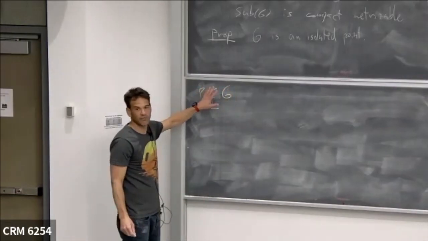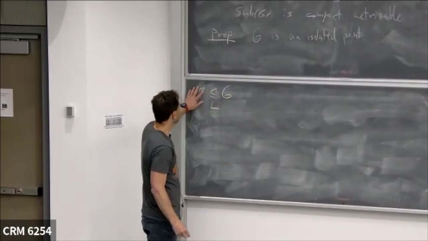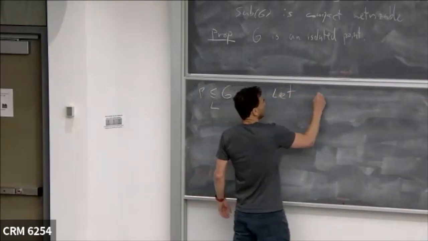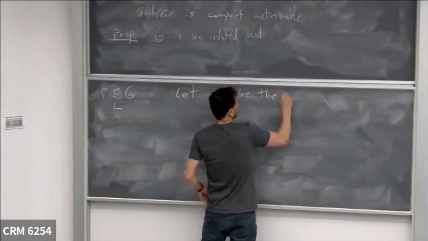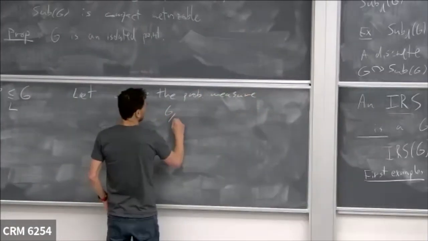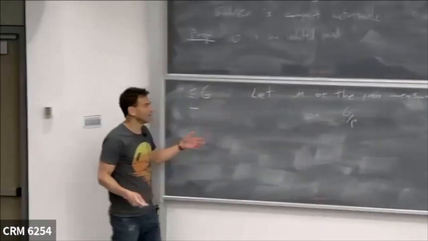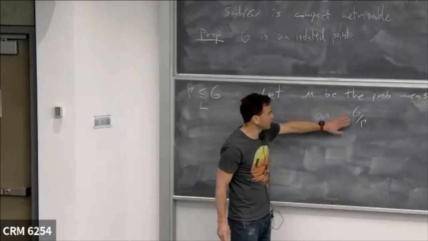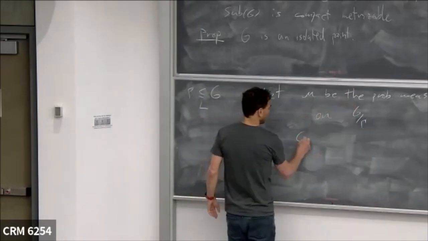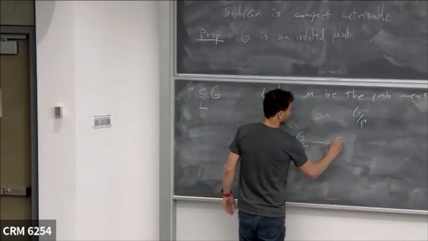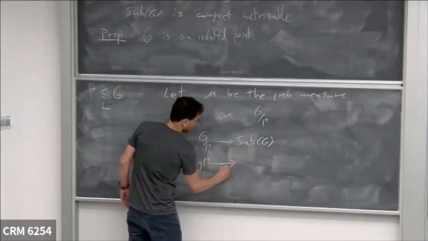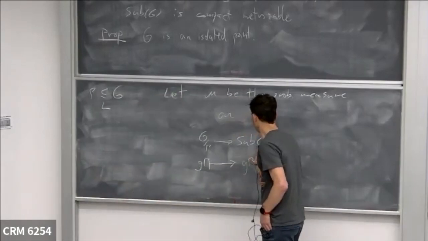Let mu be the probability measure on G mod gamma. By Haar's theorem or its extension, there is a unique such probability measure on G mod gamma. We call it mu. Now consider the map from G mod gamma to Sub(G), sending a coset g gamma to the conjugate g gamma g inverse.